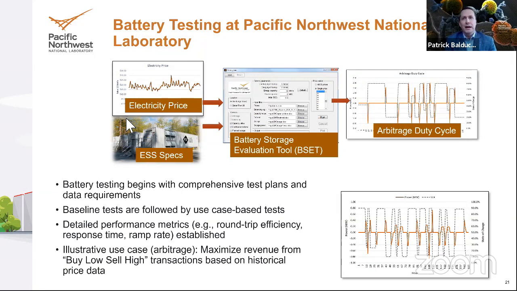Then we run the battery system through those real world, economic operation focused duty cycles, then back through the DOE OE test protocol, back through some use case tests, and then back through the OE test protocol a third time. And so we generate our very realistic round trip efficiency rates, response rates, ramp rates, and all those other metrics that are listed there, and several others as well.